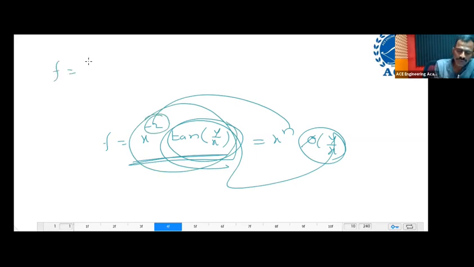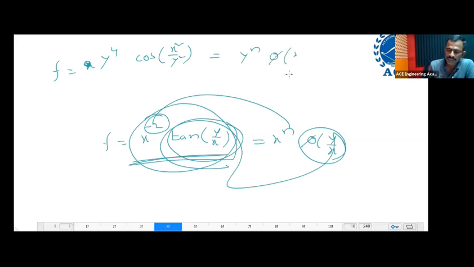Suppose f equal to y power 4 into cos of x by y, or cos of x square by y square. Again, this is in the form of y power n into a function of x by y.